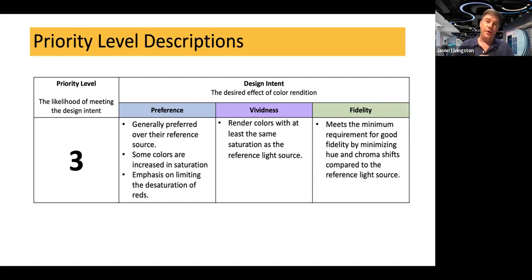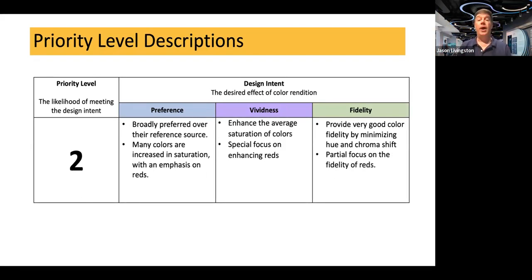And there's the third level where the criteria is the broadest. So for preference only, there I have some numbers. So priority level 3: 65% of the people who understand what you're trying to do with preference will agree that you've achieved your preference goal. At priority level 2, that number rises to 85%.